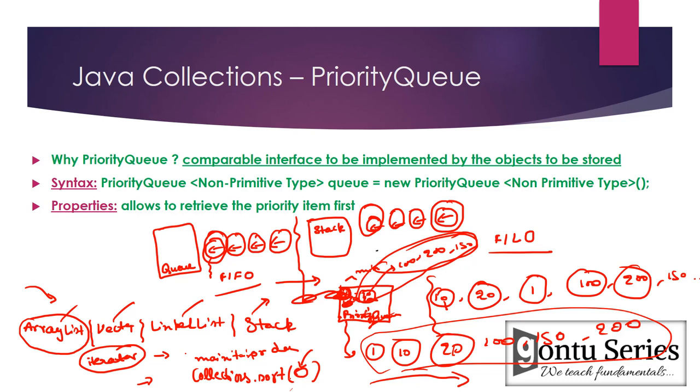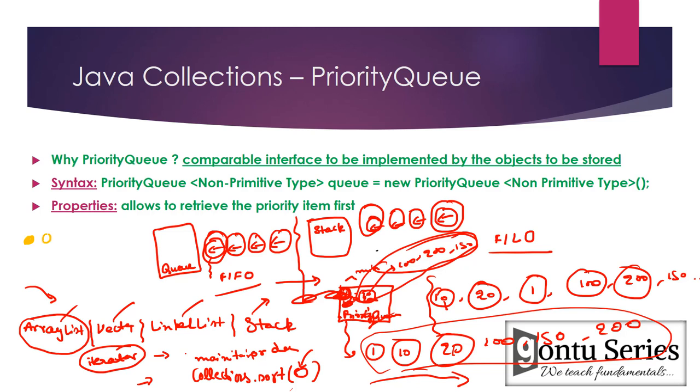But how is it going to rearrange things? It's going to rearrange them if that object has implemented the Comparable interface. For an ArrayList, vector, linked list or stack to arrange things in ascending order, it has to know how an object can be compared to another object.